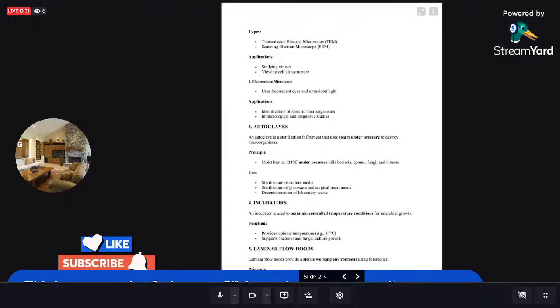So an autoclave is a sterilization instrument that operates under steam pressure. They use high pressure to destroy microorganisms.